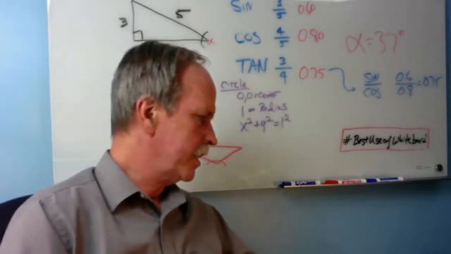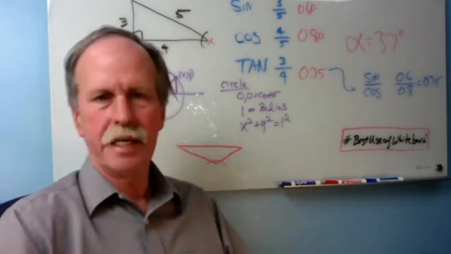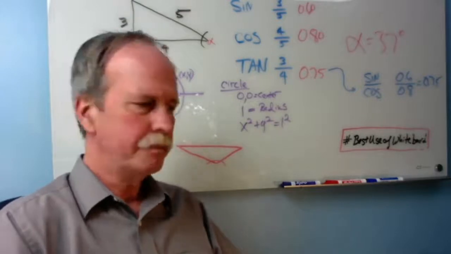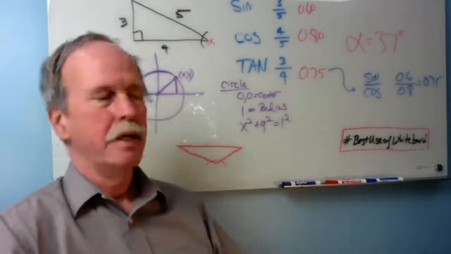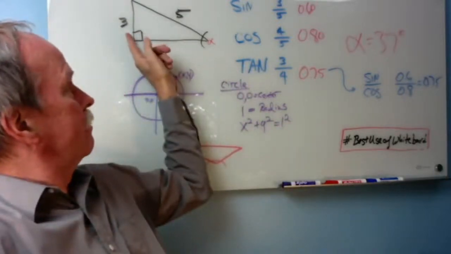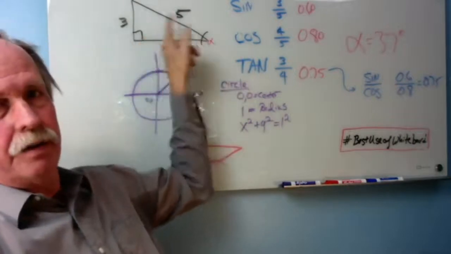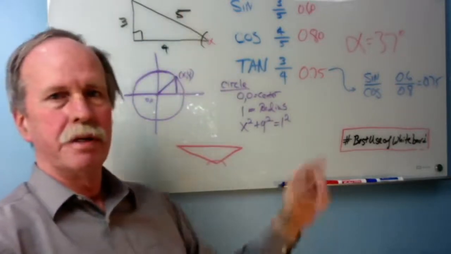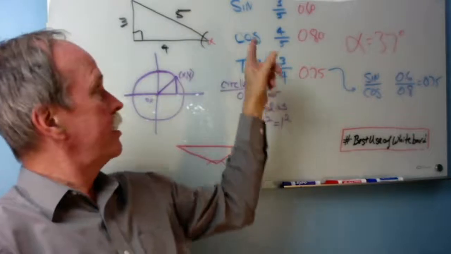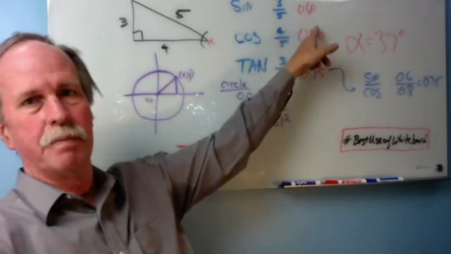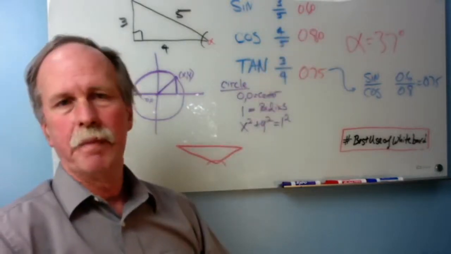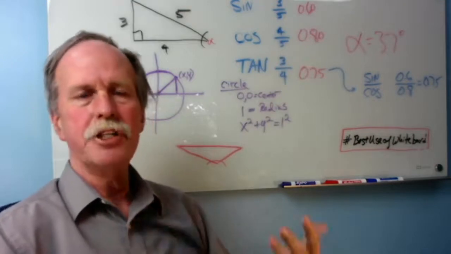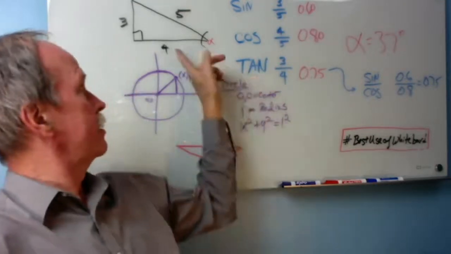Now, what is the sine, the cosine, and the tangent for angle alpha? Well, first of all, what is sine? It's the opposite side, opposite of the angle, over the hypotenuse. So our sine will be 3 over 5, or 0.6. How about the cosine? Well, it's adjacent over the hypotenuse.